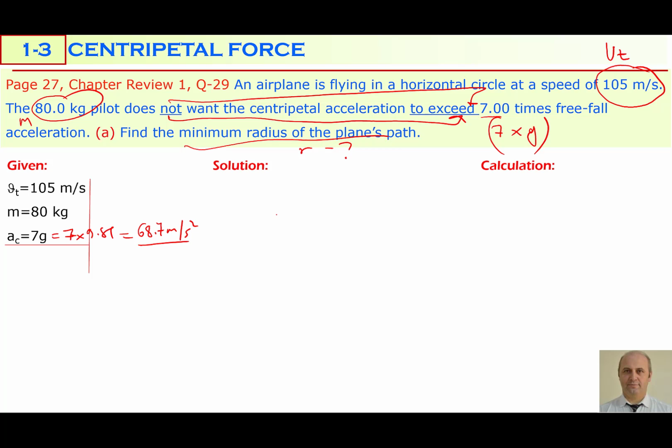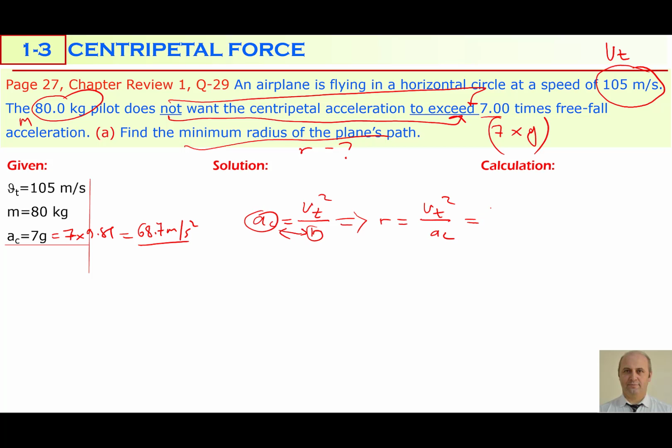And then we know the centripetal acceleration, that's why we go to the centripetal acceleration definition. Ac is equal to V tangential speed squared over r. But this equation calculates Ac, and Ac is given. We need to calculate r, cross product. So simply I told you to change the position of Ac and r, because Ac times r or r times Ac have the same meaning, equivalent result. That's why r is going to be Vt squared over Ac.